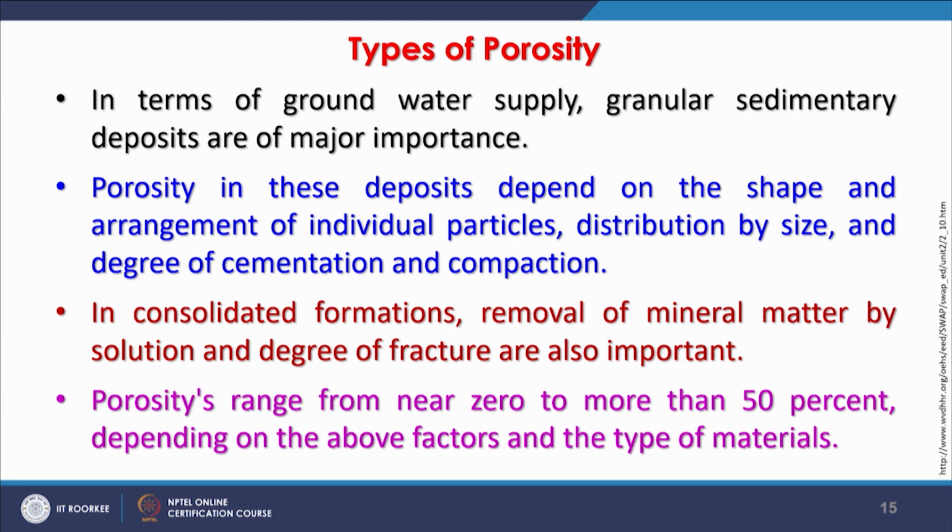If it is a conglomerate and the cementing material is not there, and the grains themselves are sedimentary, coarse-grained rock, then porosity may reach up to 50%, but it is very rare. So, the range is roughly 0 to 25 or 30%, depending on the factors we have just discussed: particle size, distribution, sorting, cementation, and type of minerals or materials.